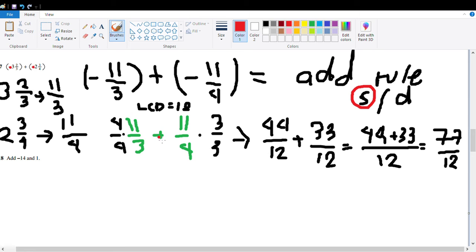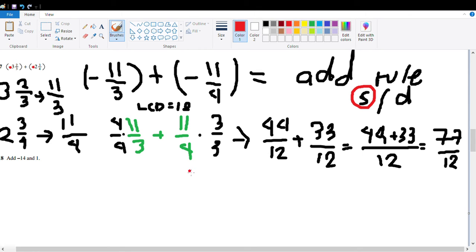We add, and the second part of that is our answer will have the common sign. What is the common sign? Pretty much the sign that both of what we add shared.